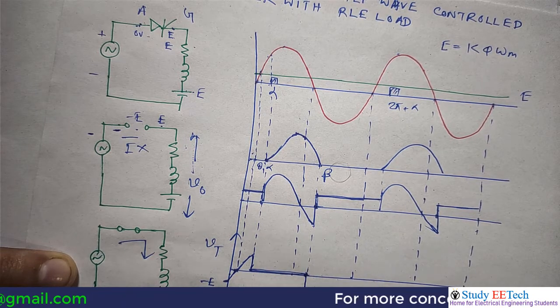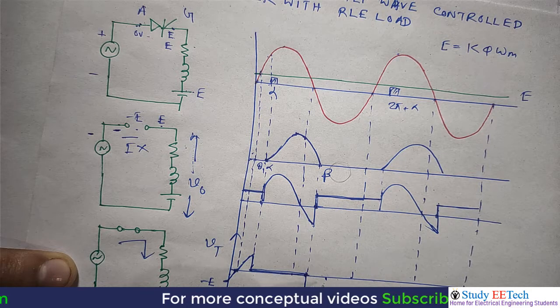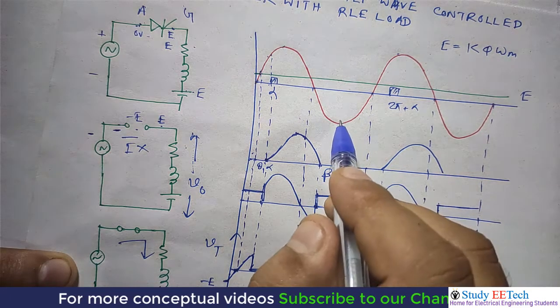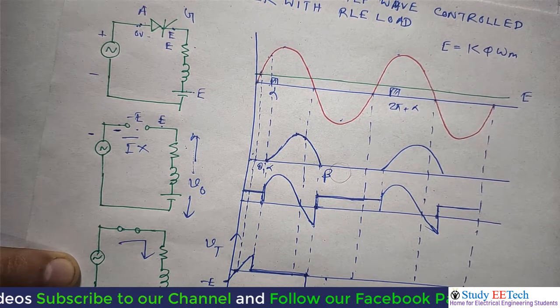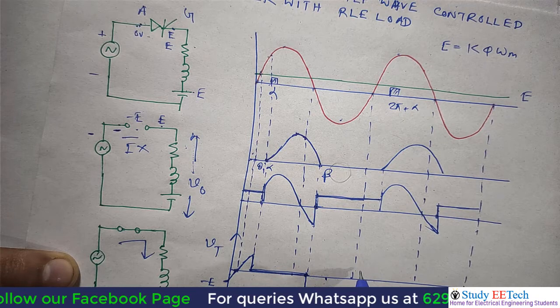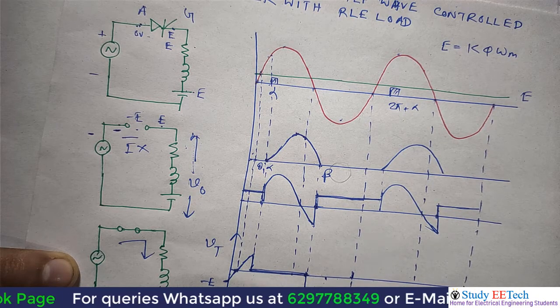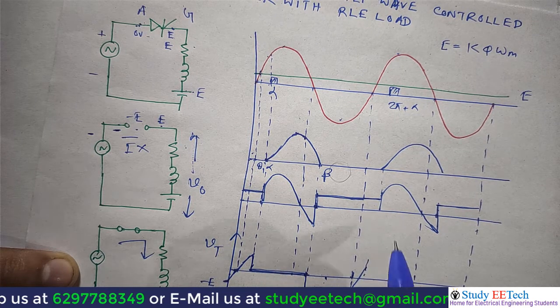The thing is the same, and we will get the maximum voltage at this negative peak, and it will be minus Vm minus E. Then again the same phenomenon will happen until this point is reached.